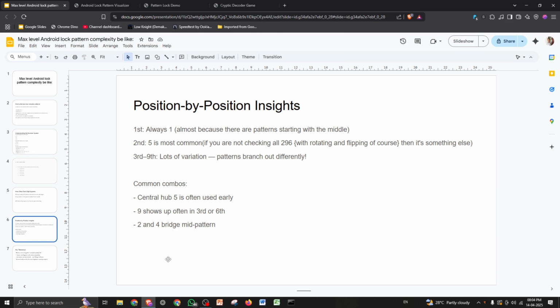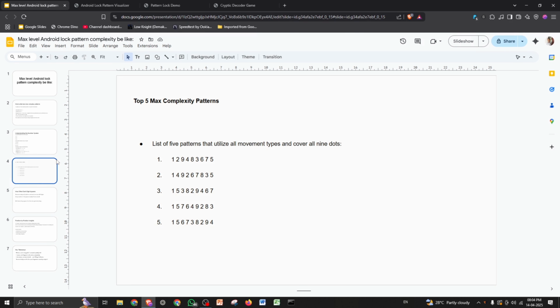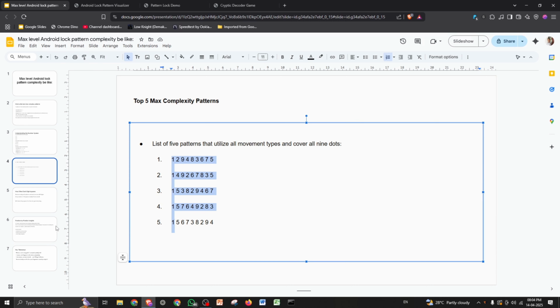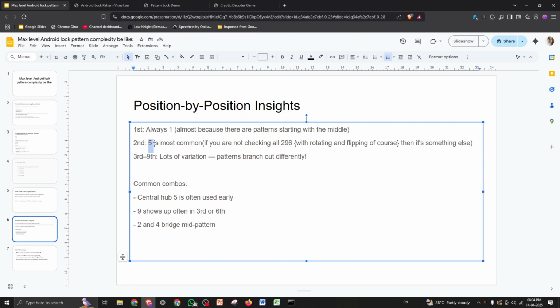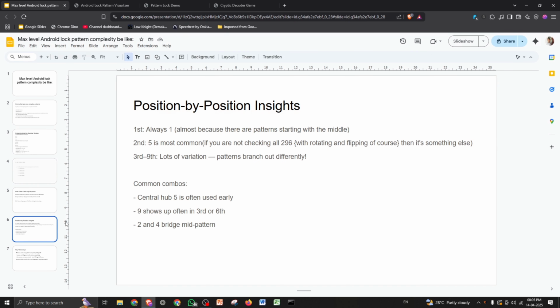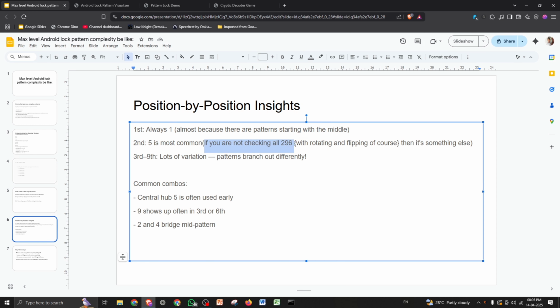The top 5 we just looked at always start at 1. Second is 5, which is most common in the top 5, of course. If you are not checking all 296, then it's something else.